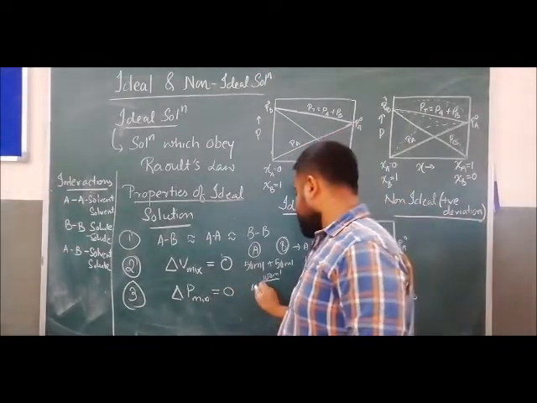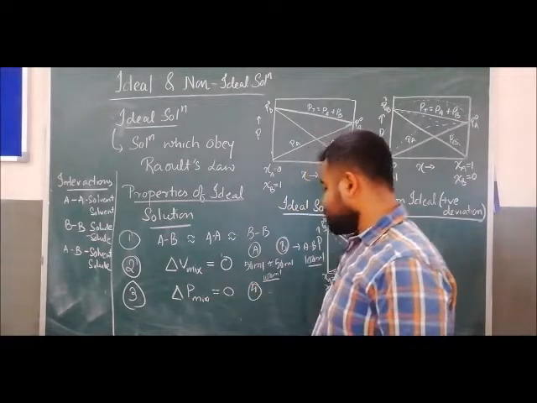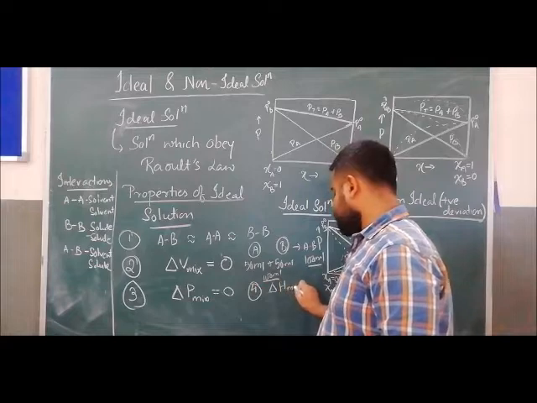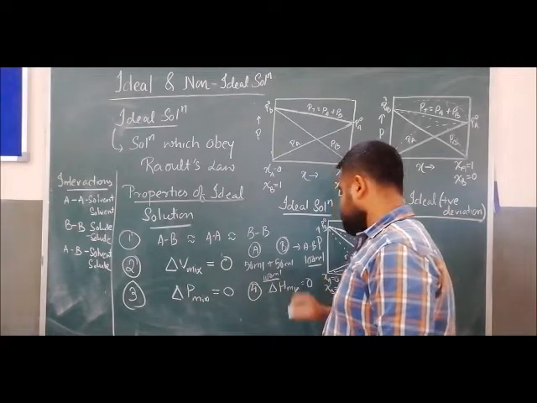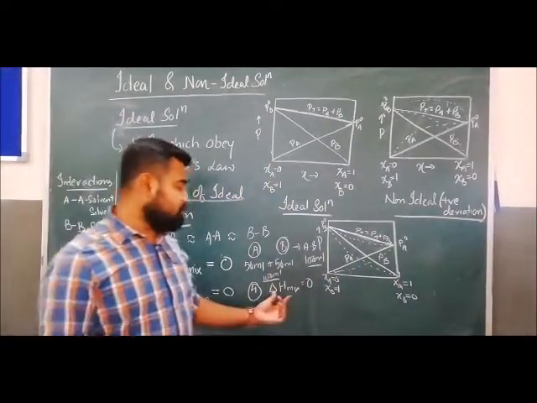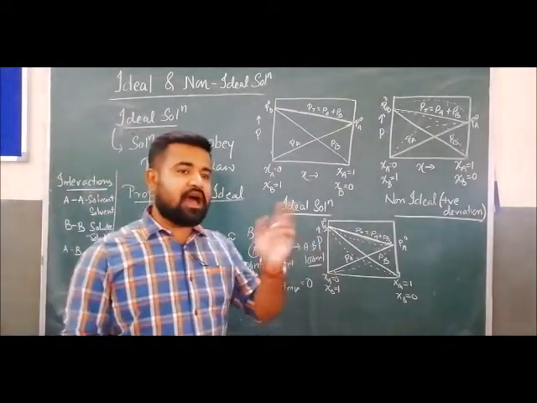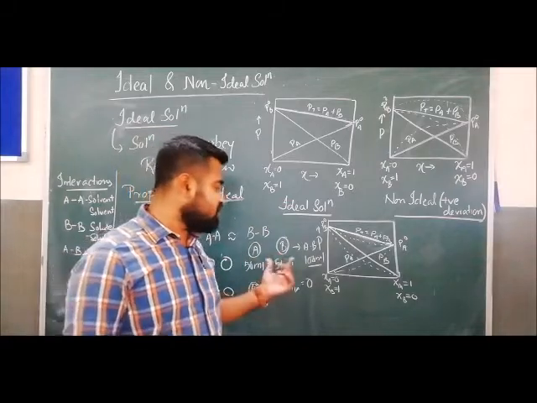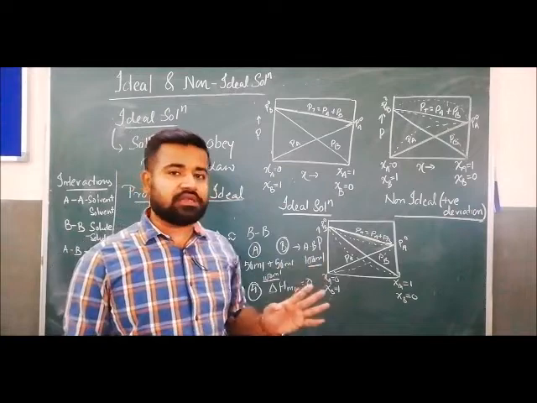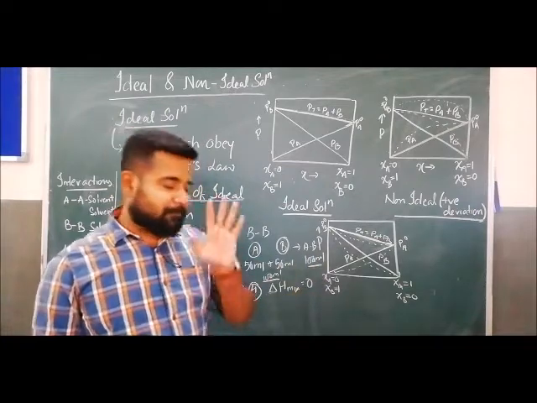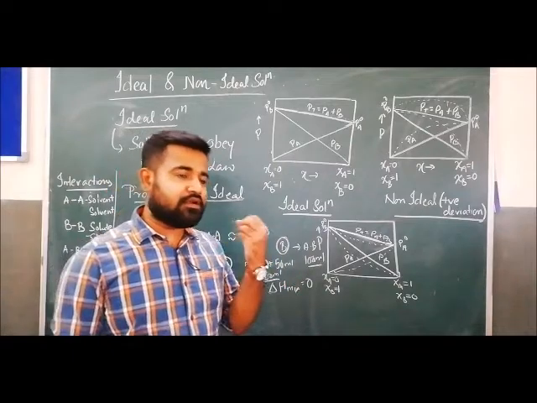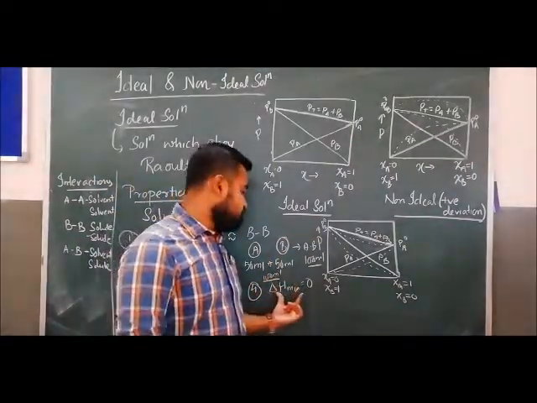And the fourth property is delta H mixing remains 0. What is delta H mixing? Before and after the mixing, whatever the change in enthalpy, if that equals 0, it means no release of heat or absorption of heat, or we can say there will be no increase or decrease of the temperature.